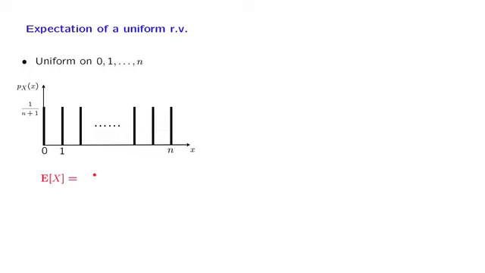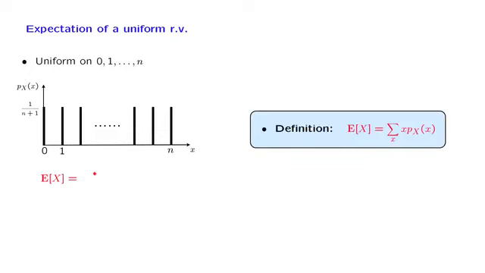We want to calculate the expected value of this random variable. How do we proceed? We just recall the definition of the expectation. It's a sum where we add over all the possible values, and for each one of the values we multiply by its corresponding probability. So we obtain a summation of this form.